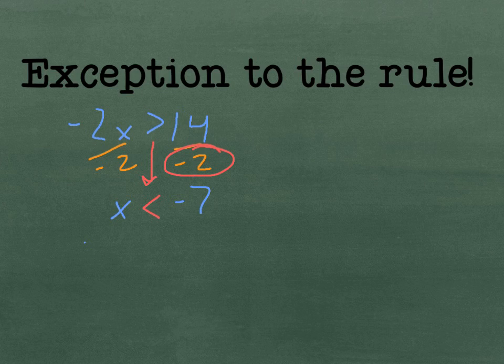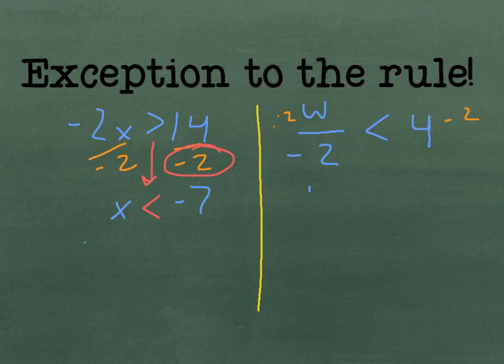So if I wanted to try this again, and maybe I said this time that I have w over negative 2 is less than 4. And we know again that to solve this, I would multiply by negative 2.